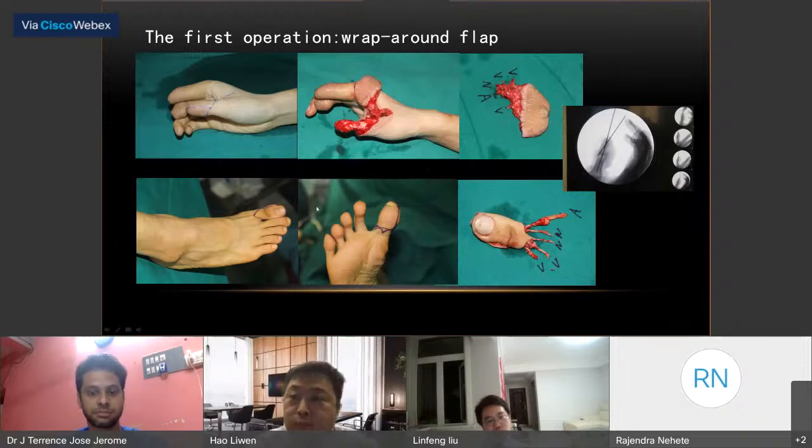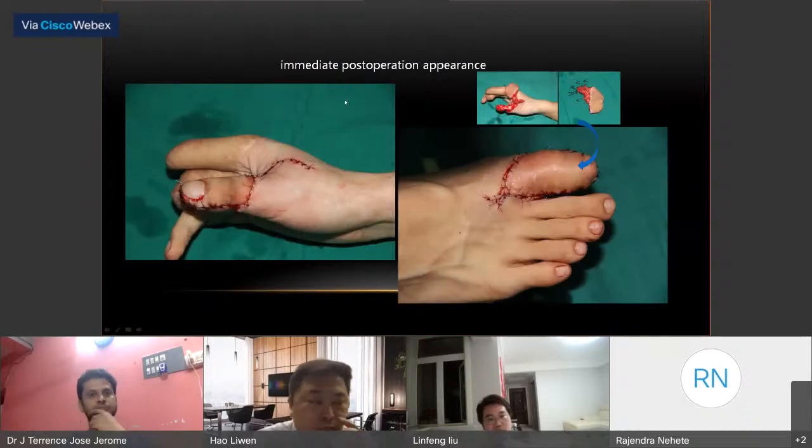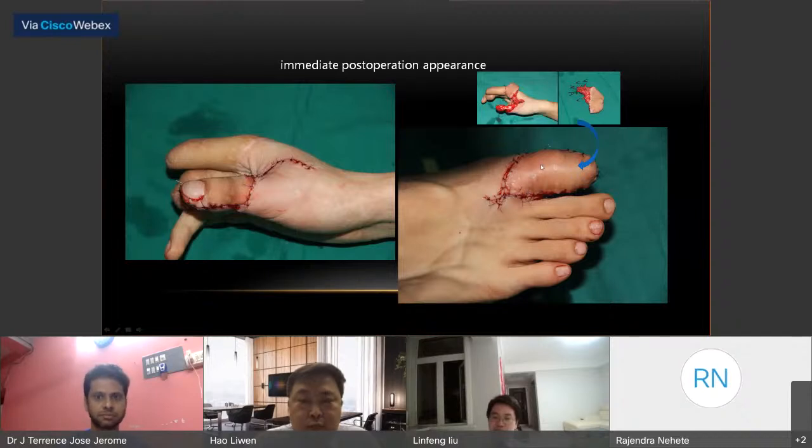First, we use a wraparound flap to reconstruct the thumb. This is the flap design and the immediate post-operative appearance, and we use a flap to repair the dorsal side.